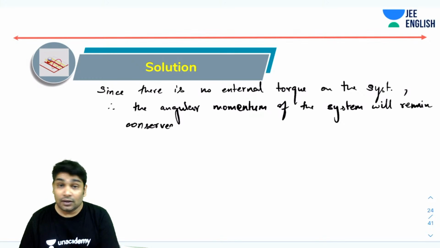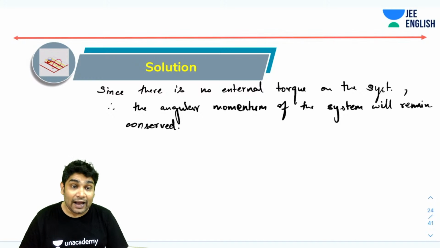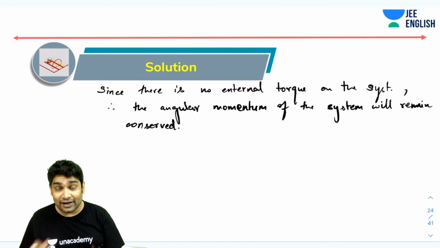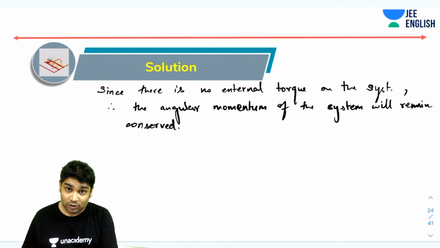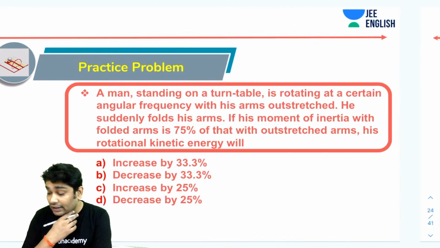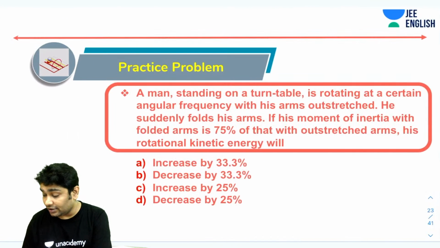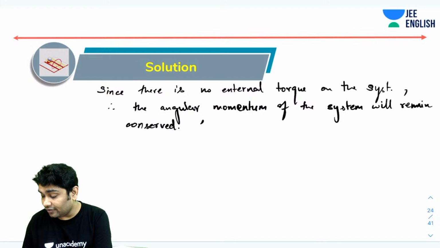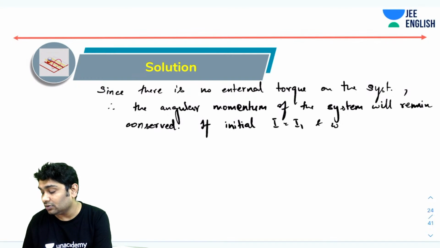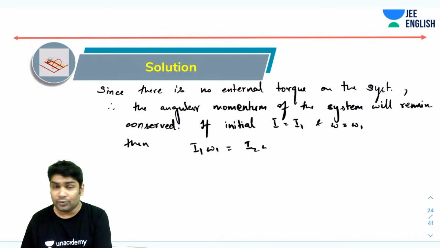Now, whenever I want to apply angular momentum conservation, I've told you the trick: I1 omega 1 equals I2 omega 2. That is what you can apply. Let's imagine initially it was I1 and omega 1, then I can say that I1 omega 1 would be equal to I2 omega 2.